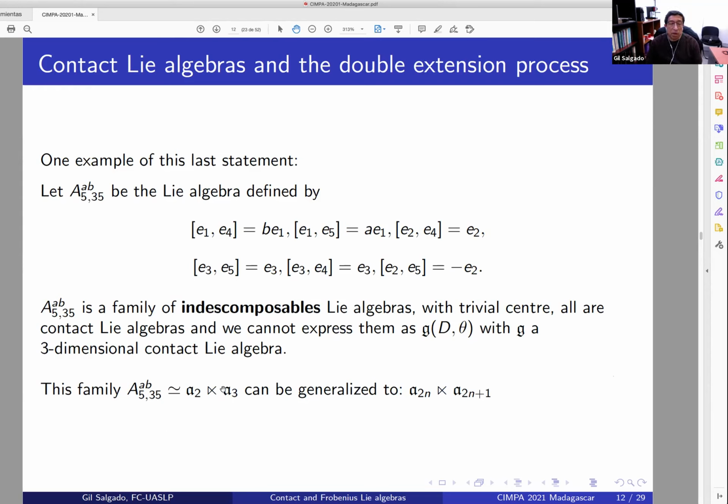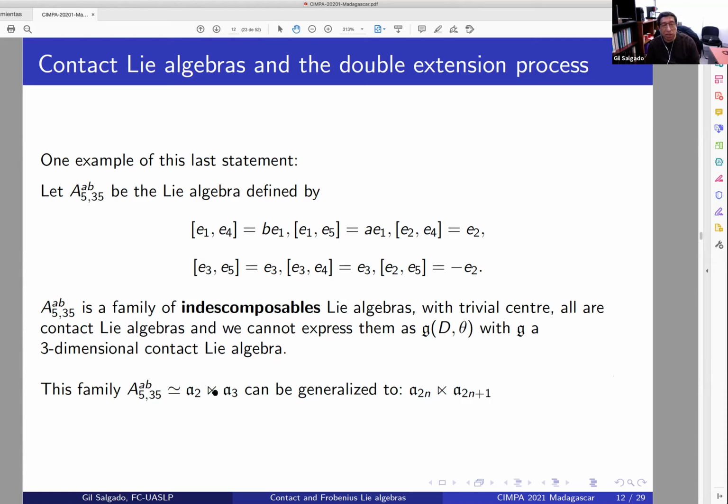Moreover, we can see that the structure of these Lie algebras is the following. There is an abelian three-dimensional Lie algebra generated by E sub 1, E sub 2, and E sub 3, and a two-dimensional abelian Lie algebra generated by E4 and E5. And the structure is this semi-direct product.